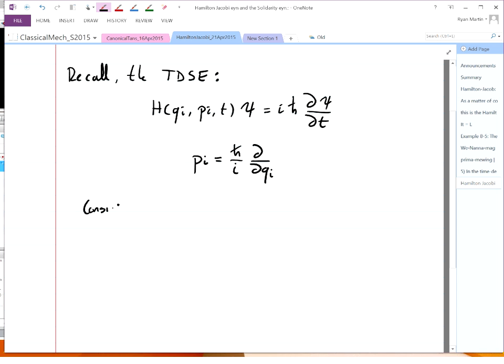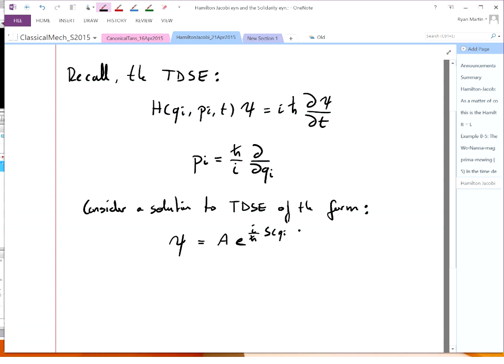So consider a solution to the time-dependent Schrödinger equation of the form psi is given by some amplitude times e to the i over h bar, and then some function S, which I'm going to say depends on q_i and t.